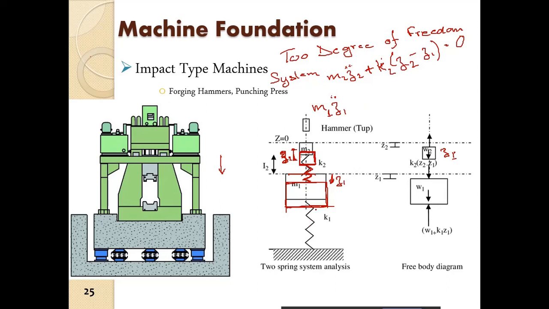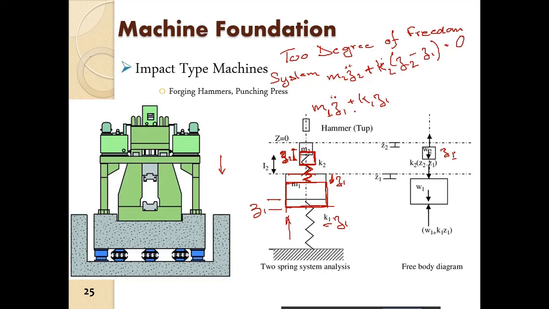Then there is a compression of k1 into z1. The spring k1 is compressed by this amount z1, so the spring will give an upward force which is k1 into z1. So that is one force.